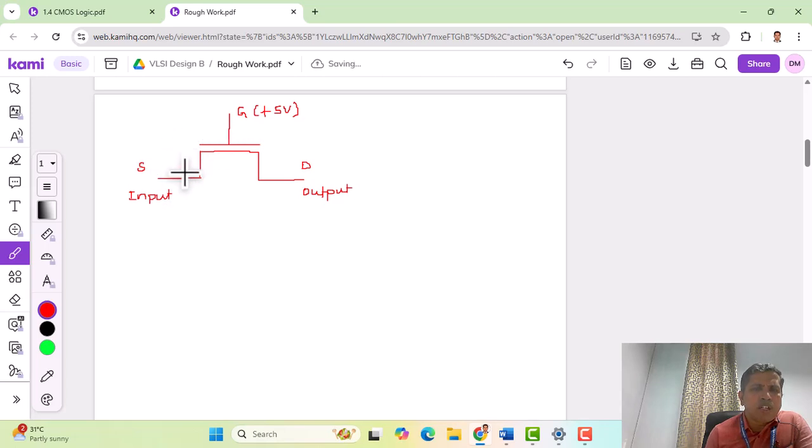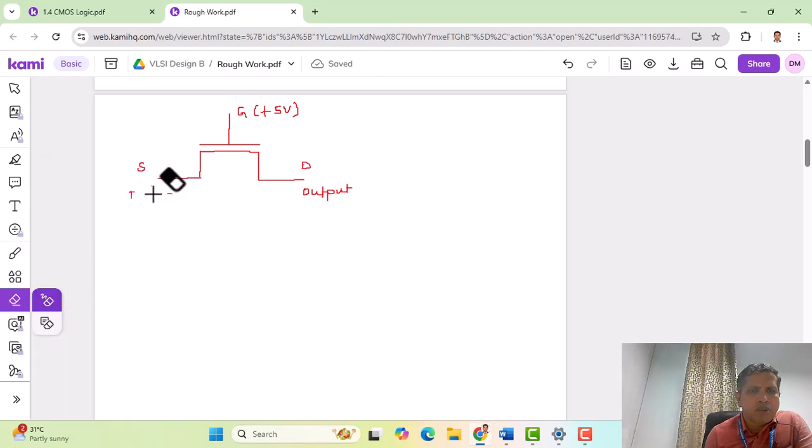Now let us see how it behaves. Let me connect a variable voltage here.